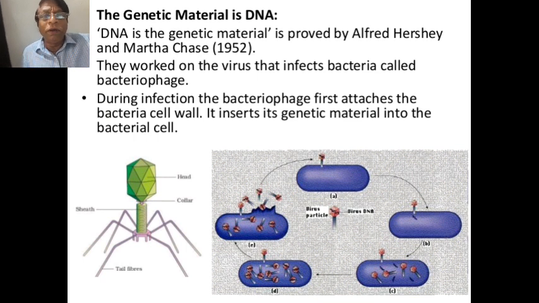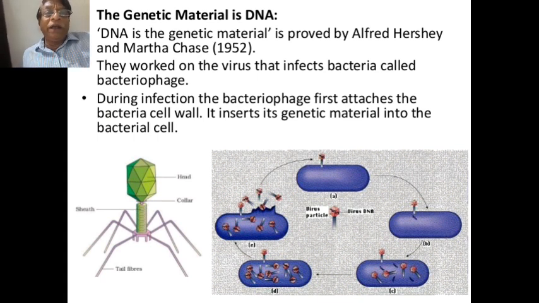In biochemical characterization experiments, we came to know that the transforming principle was DNA. Now we are conducting the experiment to prove that DNA is the genetic material in living organisms.